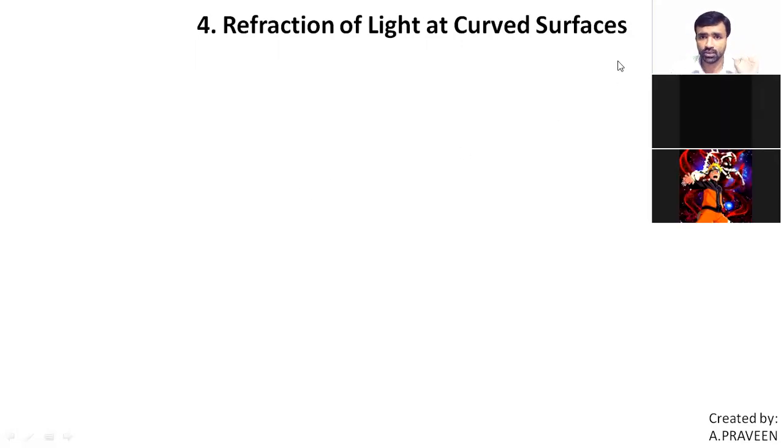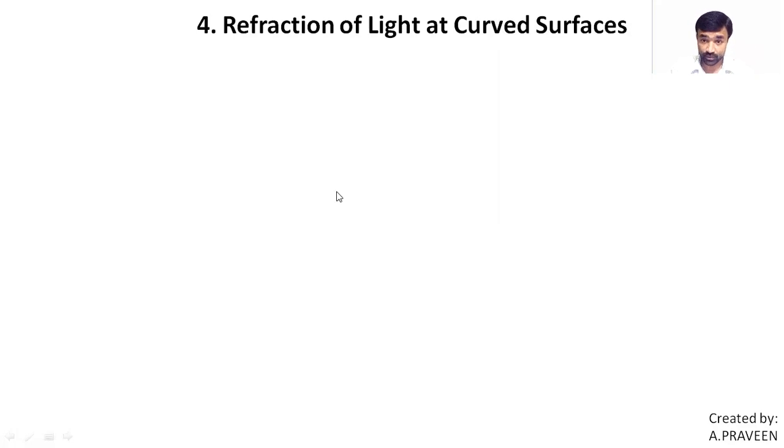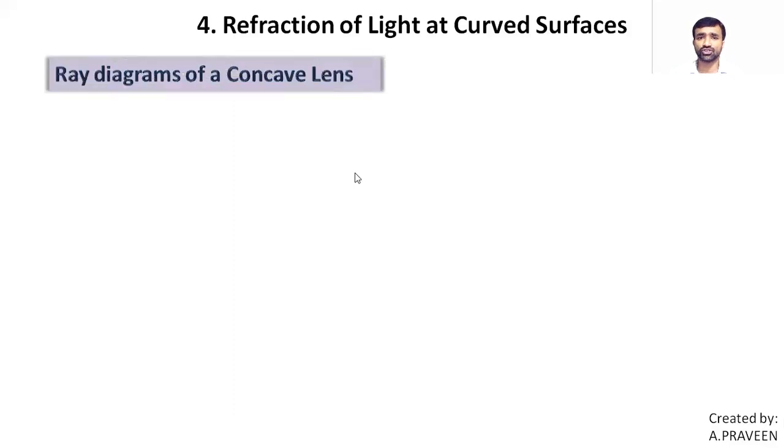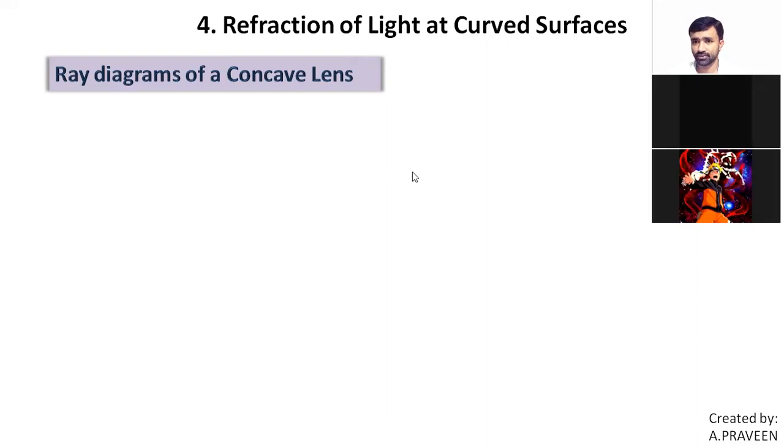So just remind me, yesterday where we stopped our discussion. The class ended with the point where we completed our class. That is ray diagrams of a concave lens. Right.